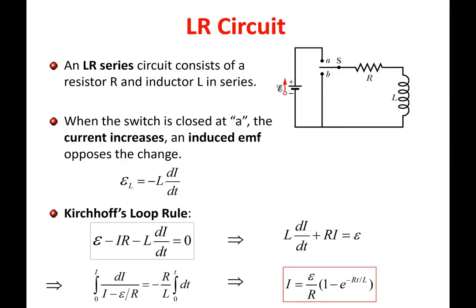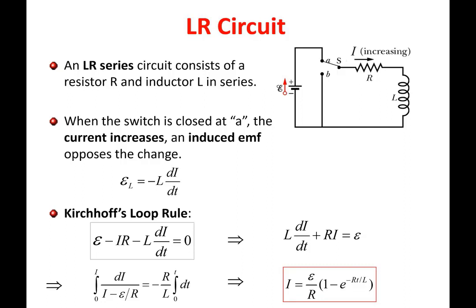What's shown in the image is a circuit where the switch has not yet been thrown. And when we throw the switch to position A, the current is going to begin to flow in the circuit. So I'm going to throw the switch in an animation. And the switch goes to position A, and then the current begins to flow in the circuit.